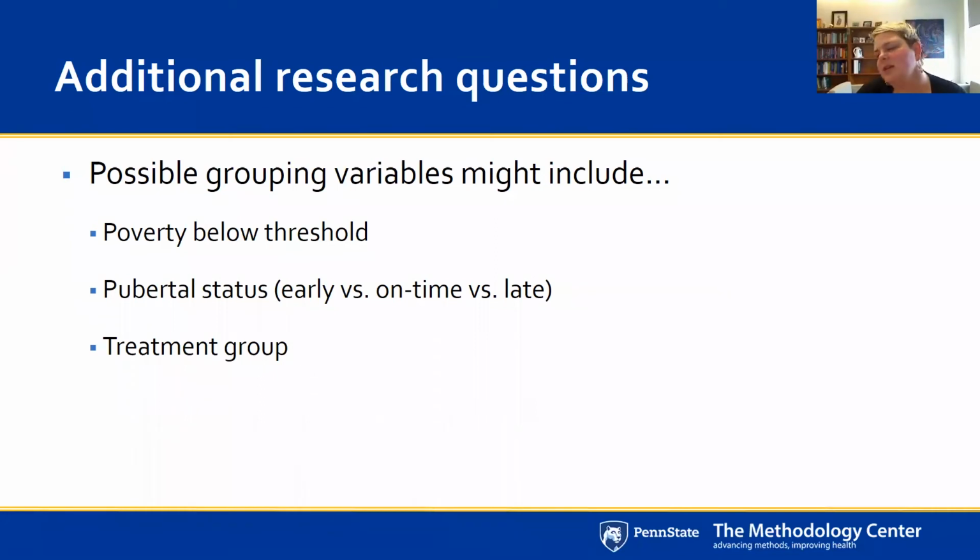Or if I was a public health scientist interested in implementing an intervention for, say, condom use, we could have treatment group membership as that grouping variable. So you can think broadly about the kinds of grouping variables that you might want to put in the model. Just as with any other kind of model, structural equation modeling or whatever, grouping variables have to be categorical in nature.